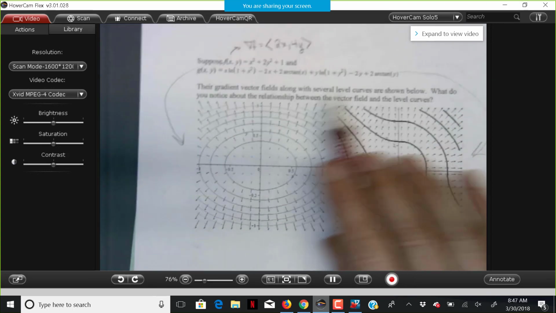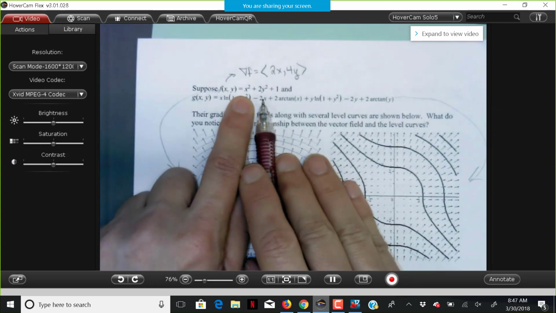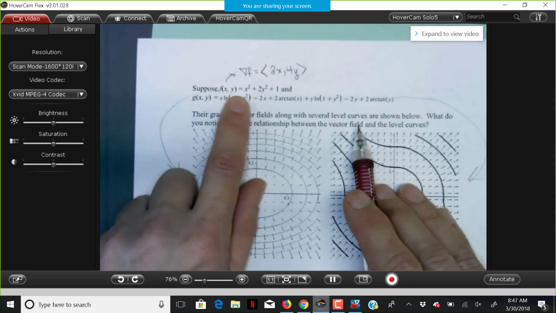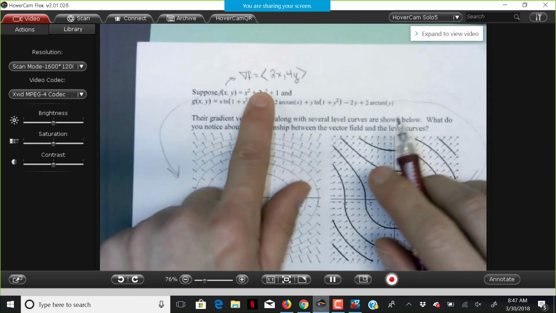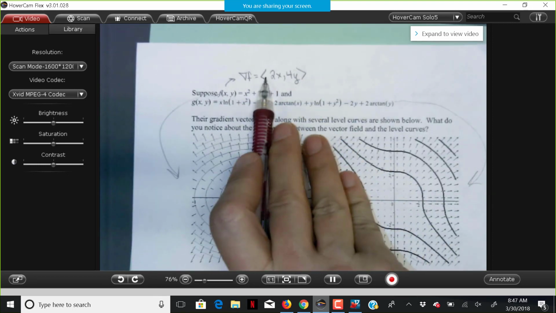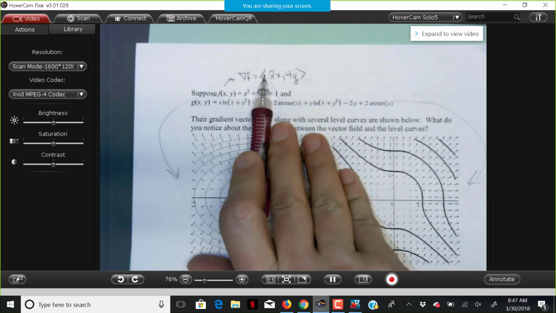The level curves, well, think about what is the graph of f of x, y equals x squared plus 2y squared plus 1. If I were to graph that, I'd get a what? So think of if it was just z equals x squared plus 1. What would that graph be? Well, I'm just talking 2 dimensions.